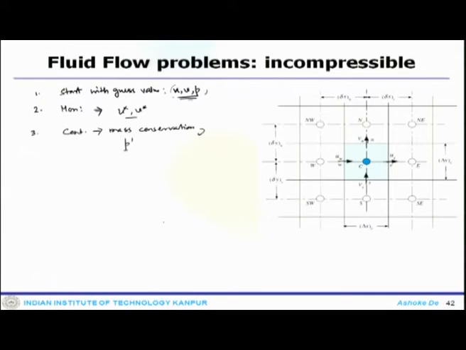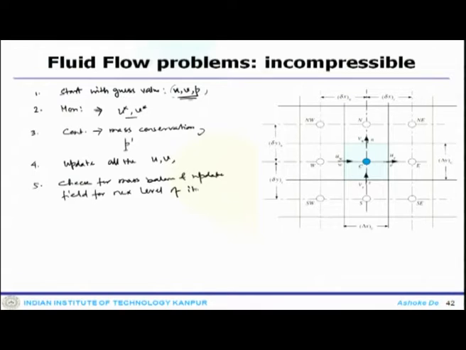Once you solve it, you get the new pressure, and then you update all the u and v, and with that again you check for mass balance and update the field for the next iteration.